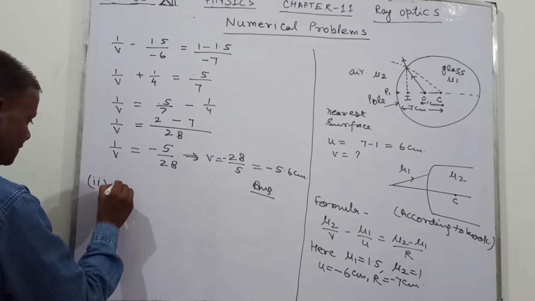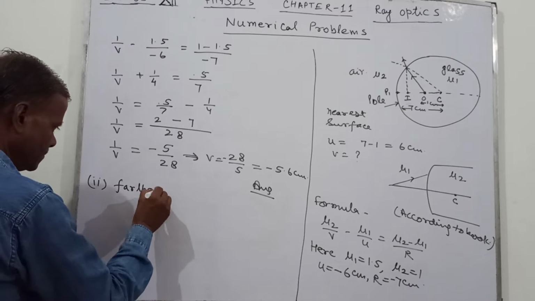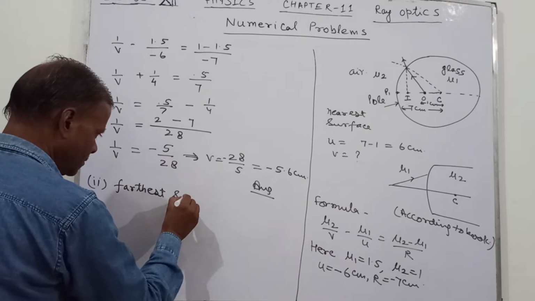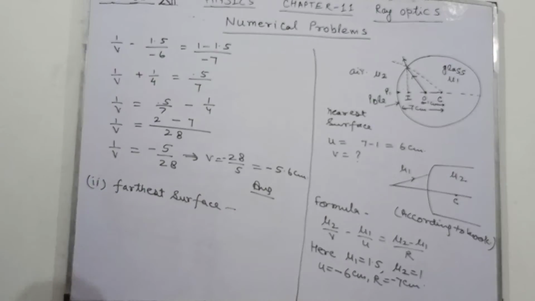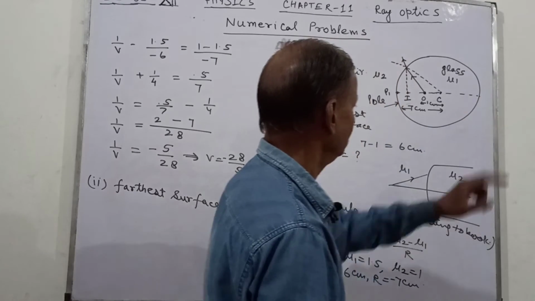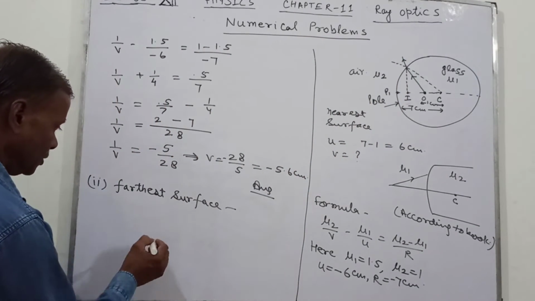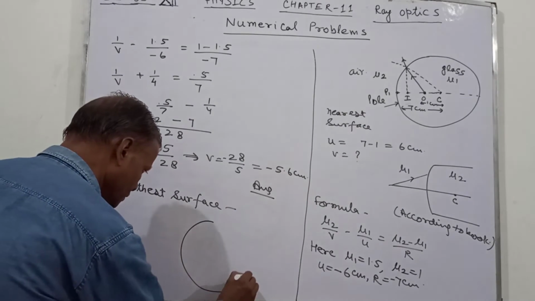Farthest surface. Now we are looking from this side. So now what we have is that this is 2v.